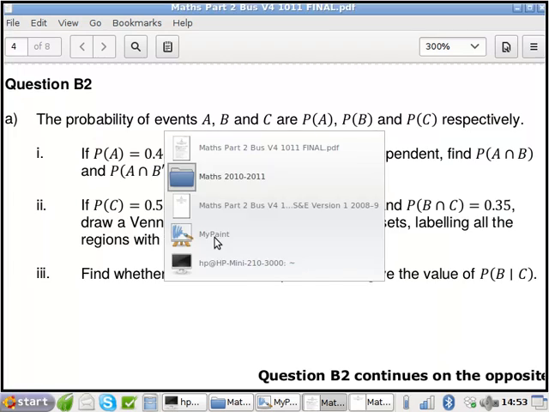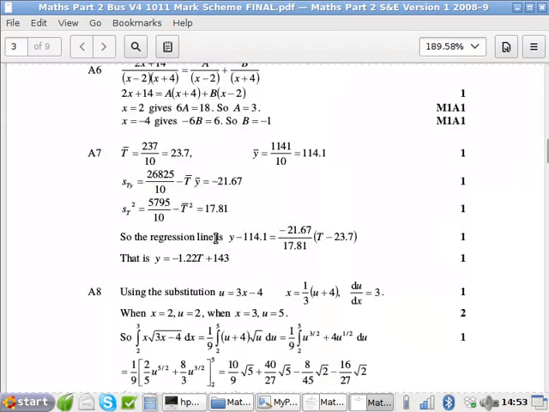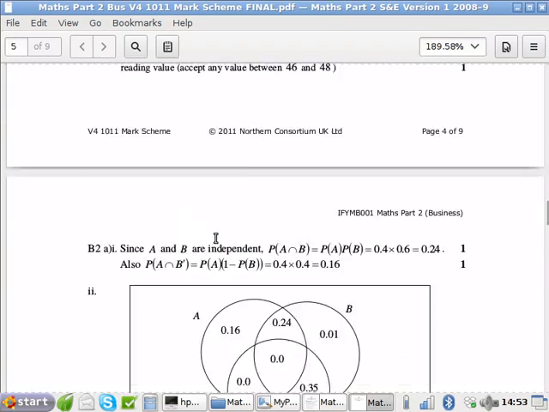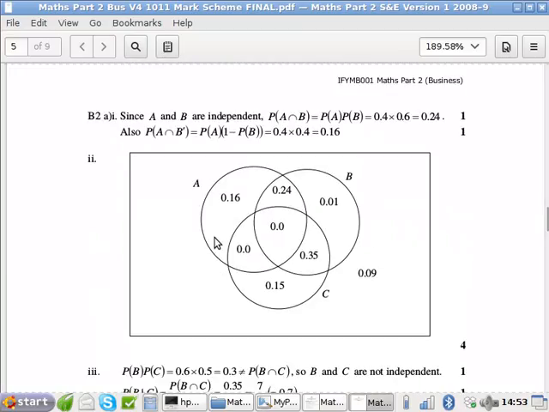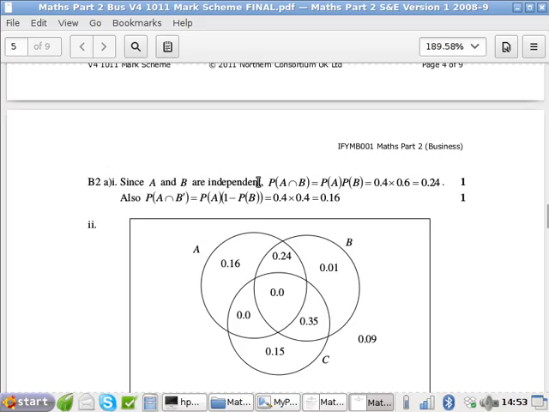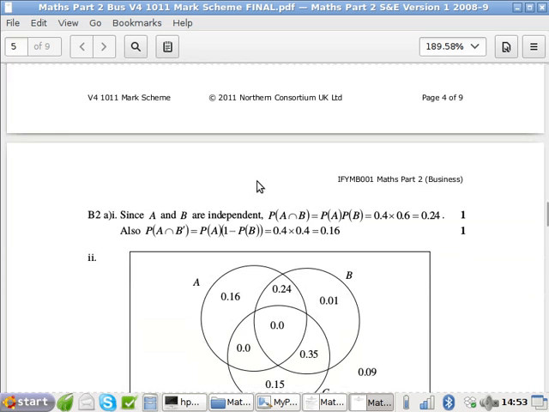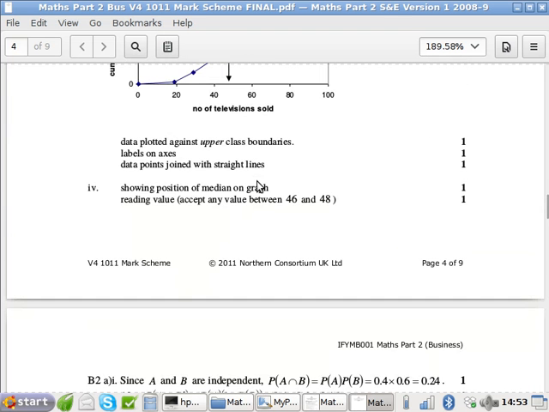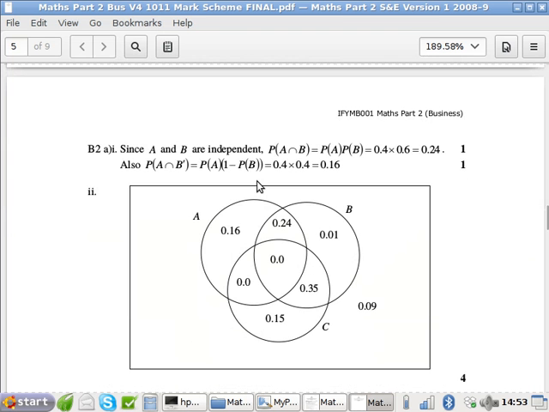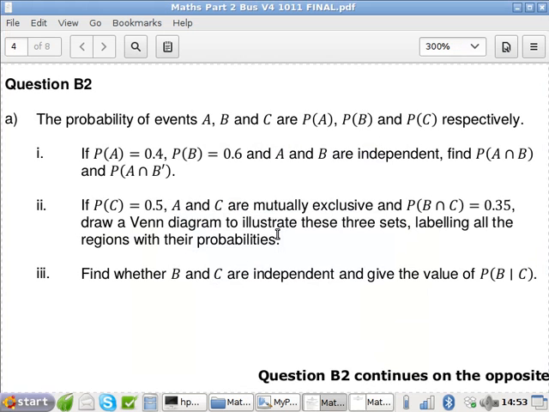This is right. This is right. Wrong in the beginning. The A and the B is wrong. 0.24, what did I get?